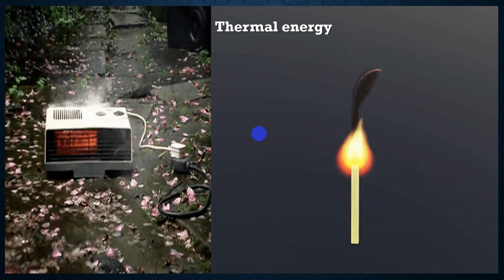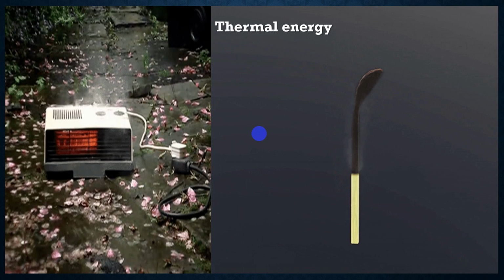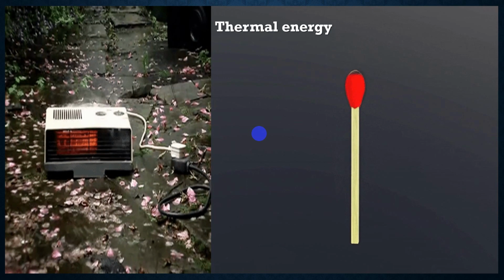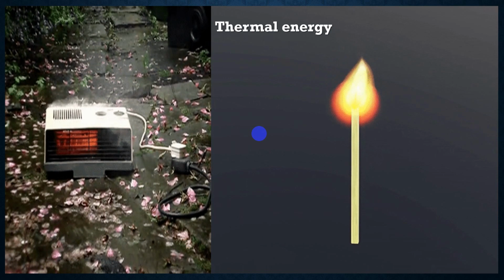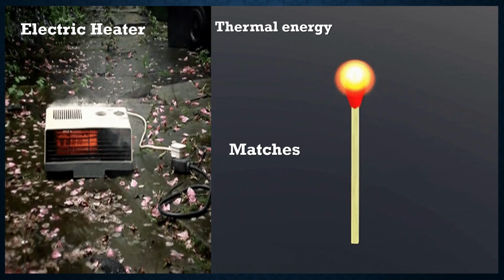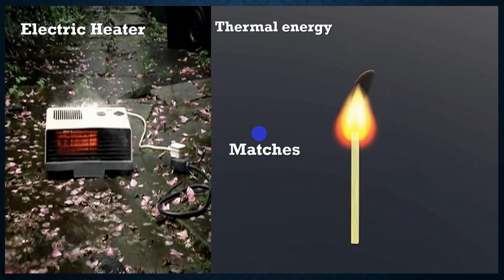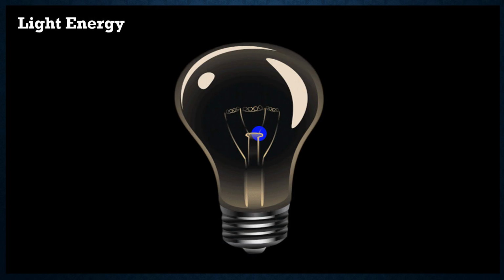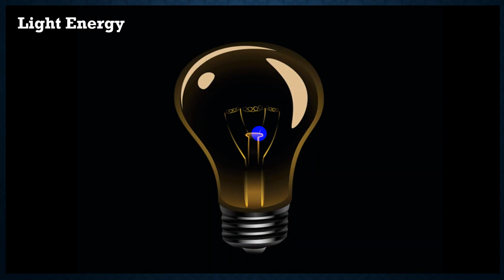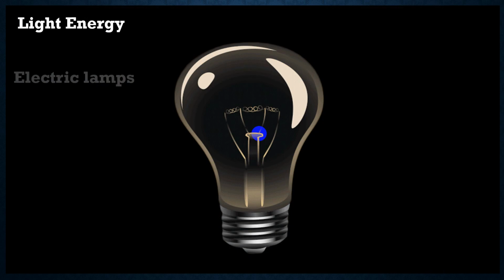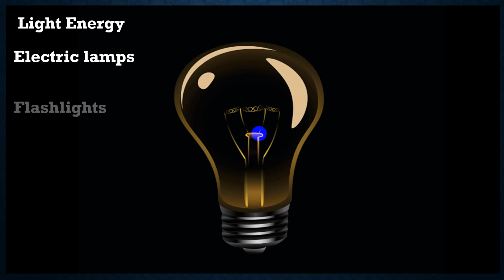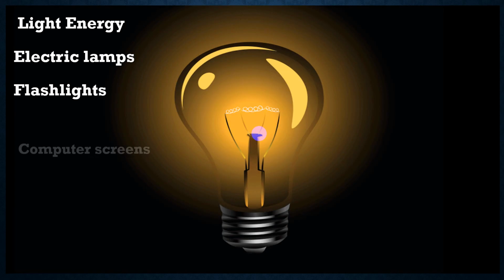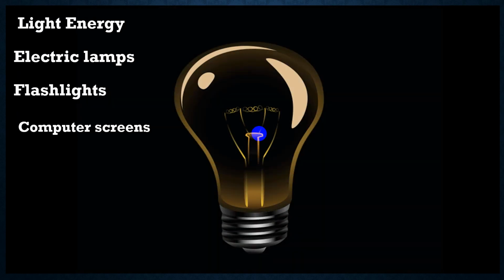Thermal energy. Thermal energy means talking about heat, the feeling of heat, okay? So it's a kind of energy like matches and electric heaters. Light energy. It's also a kind of energy, and we can find it in electric lamps, in flashlights, in computer screens.